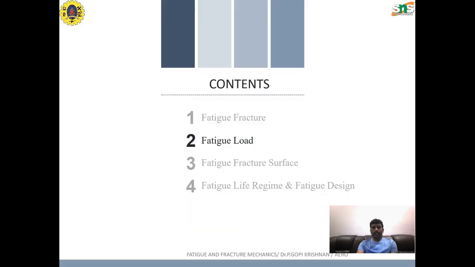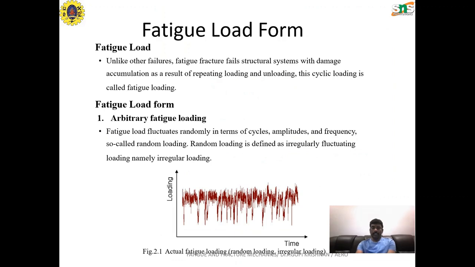The second type of fatigue loading is termed constant amplitude loading, in which if you make a plot between the loading and the time, there is going to be a definite cycle, a definite amplitude, and a definite structure of the waveforms created over the entire plot.